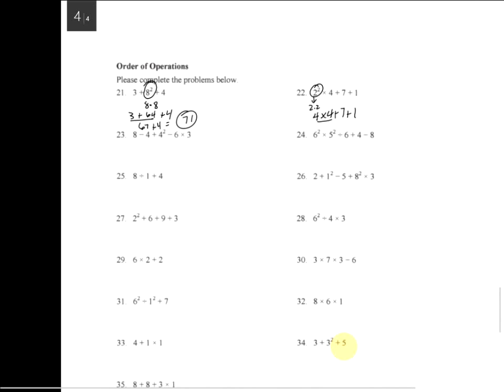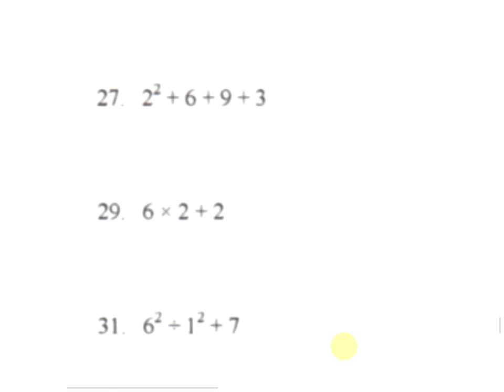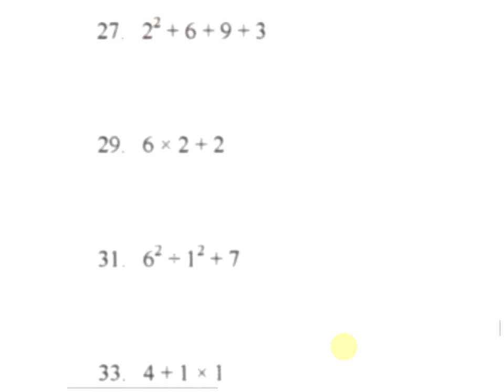All right, now, do 31 on your own. 31 on your own. 6 squared divided by 1 squared plus 7.